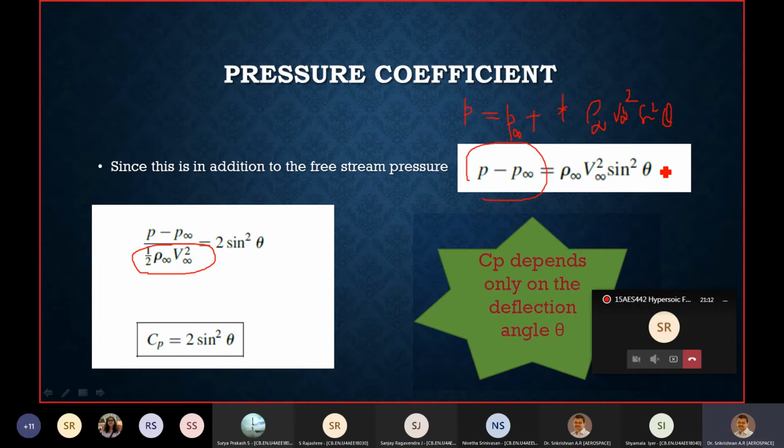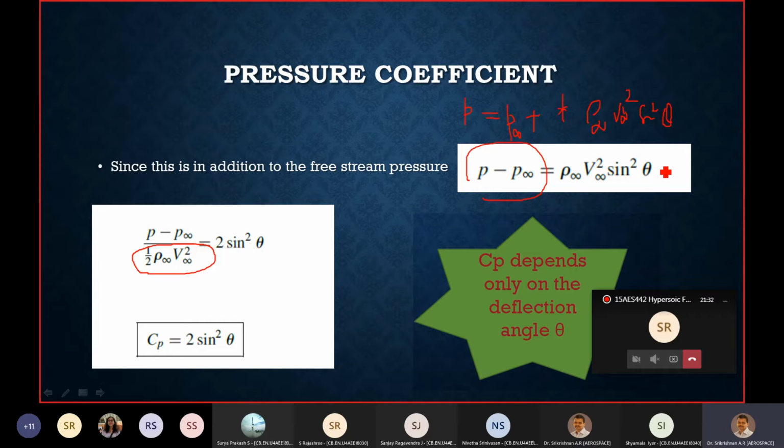Now, please note that there is no velocity term in that, which means that the pressure coefficient is independent of Mach number and velocity. If I were to extend that into supersonic and hypersonic flows, then CP can be expressed as something independent of Mach number.